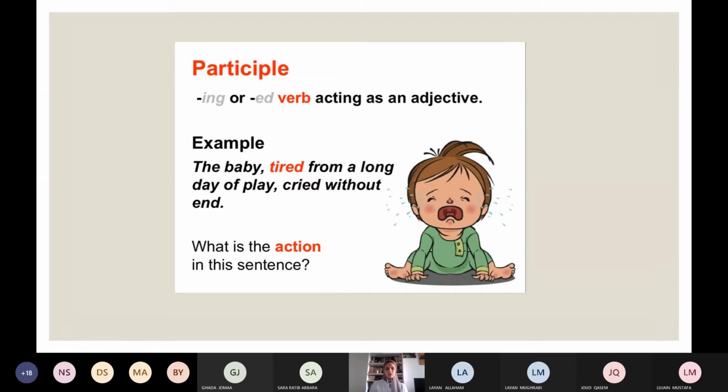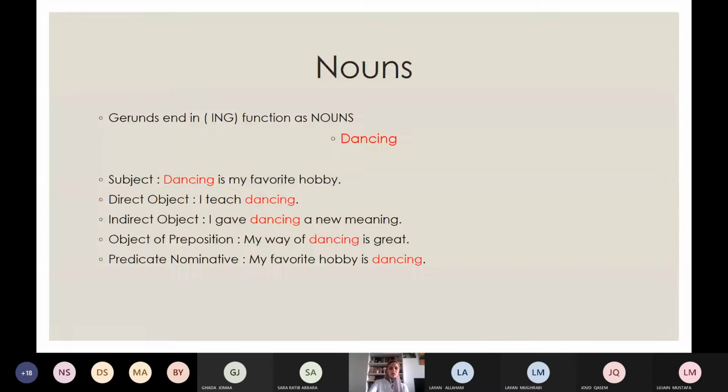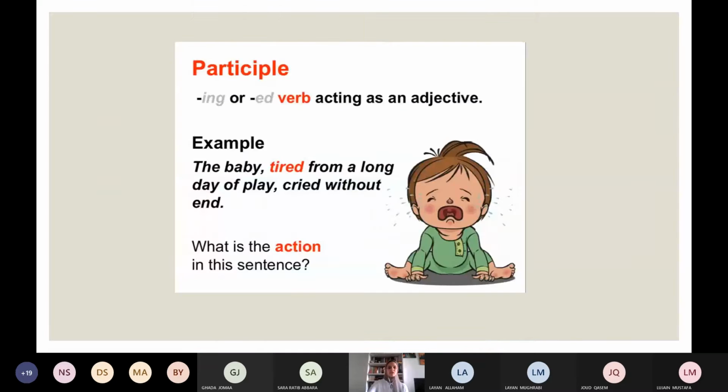Okay, teacher. A gerund is a word that looks like a verb and ends in ing, but it functions as a noun. A participle also is a word that looks like a verb and ends in ing, but functions as an adjective. The baby, tired from a long day of play, cried without end.